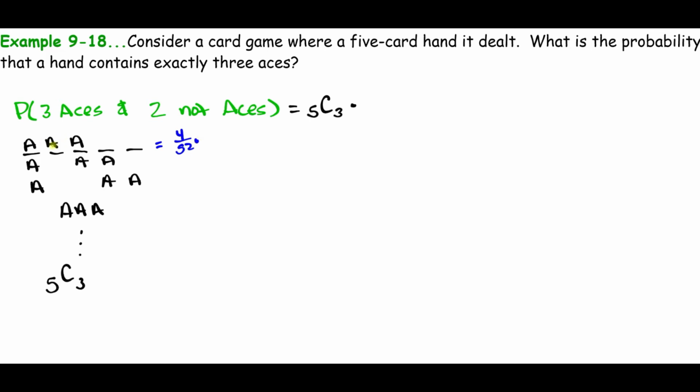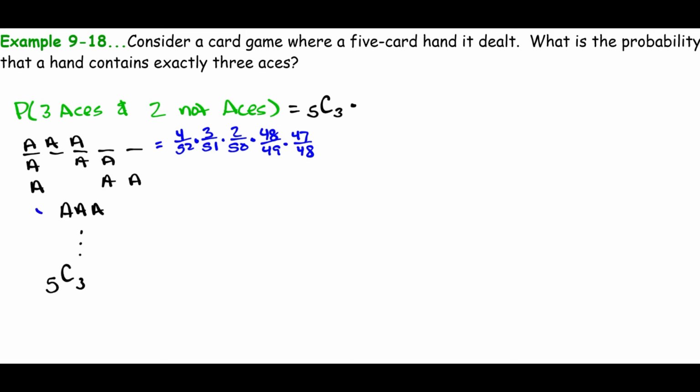Then if the second one's an ace, given that the first one is, that's 3 out of 51. The next one is an ace, so 2 out of 50. And then not an ace, so there are 52 minus 4, or 48 cards that are not aces, so 48 out of 49, and then 47 out of 48.